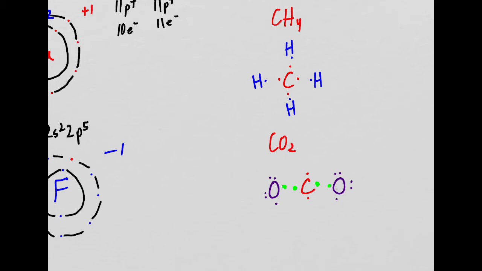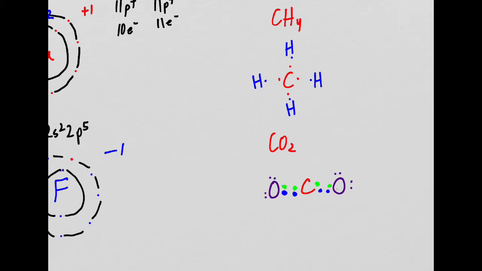So what we're going to do is we're going to share another here. These ones, we're going to move them so that we form another bond here. And we're going to take this last electron of carbon and this last electron of oxygen, and form another bond there, like that.